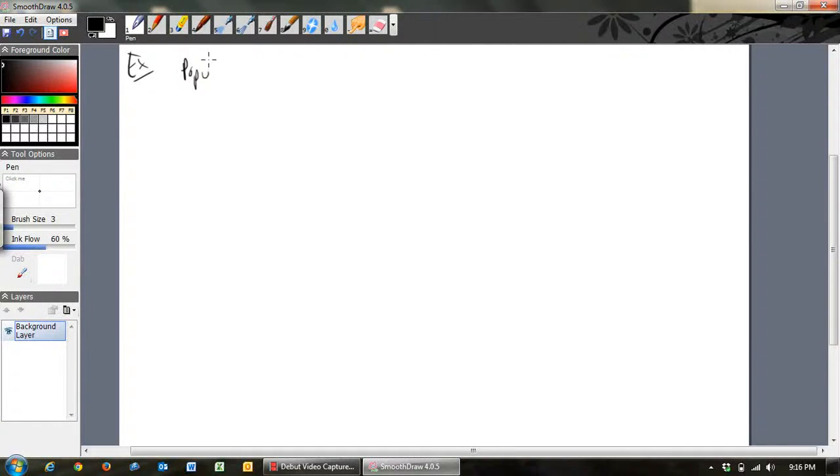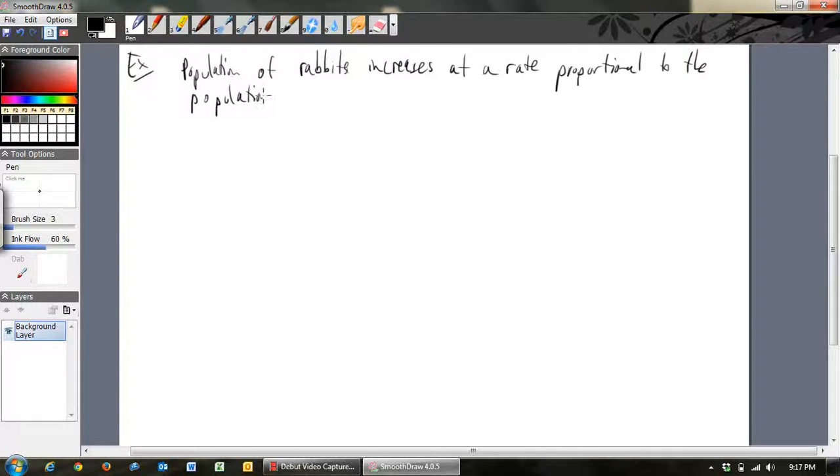So the population of, let's say rabbits, increases at a rate proportional to the population itself.